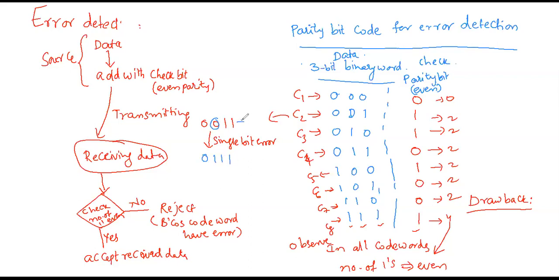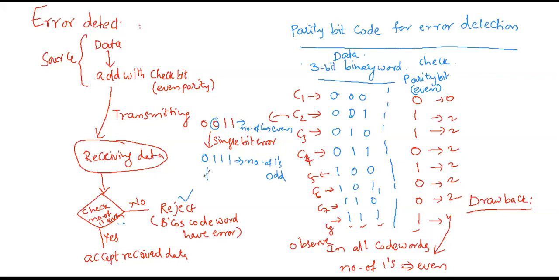Now here the number of ones is odd. So if the number of ones is odd, what will it do? It will reject the data. So it has the error.